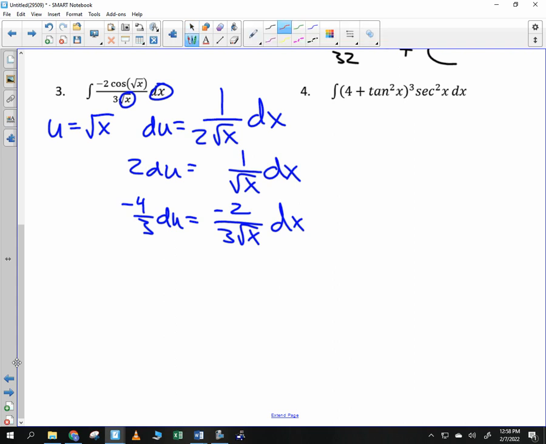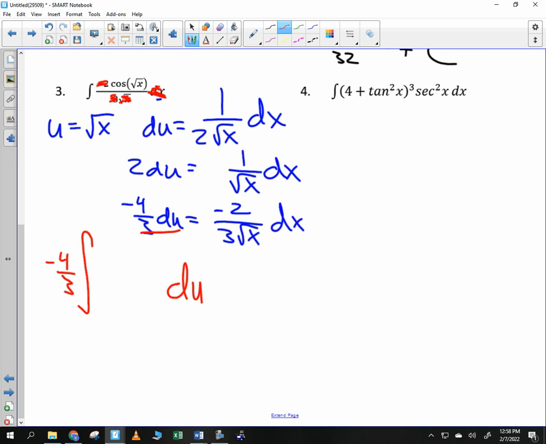Let's make our substitution. I'm going to put in negative 4 over 3 integral du. What goes away? What can I cross off up here? Yep, the negative 2, the over the 3, the root of x in the denominator, and the dx.